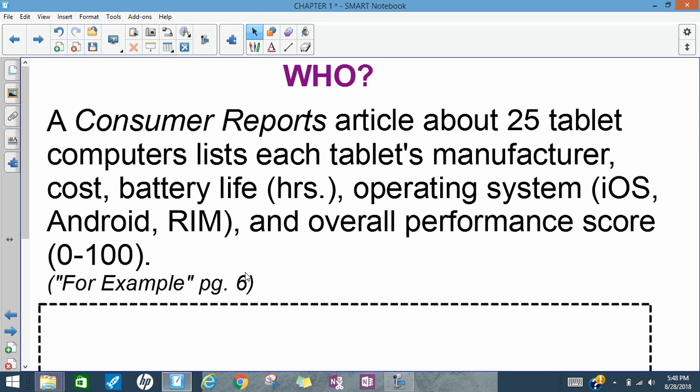I'll try to let you know where I get the problem, so you don't need to write this problem down as long as you write down where it comes from. This way you'll be able to reference it in the book if you want to go back and understand what you took notes about. So this Consumer Reports article is talking about 25 tablet computers, and they collect information on a bunch of characteristics on these computers.